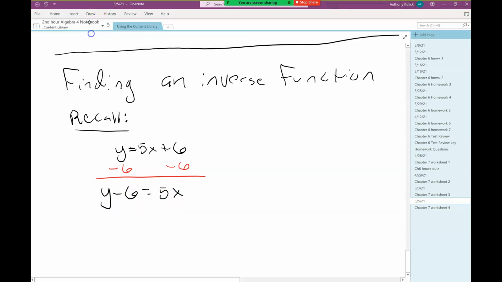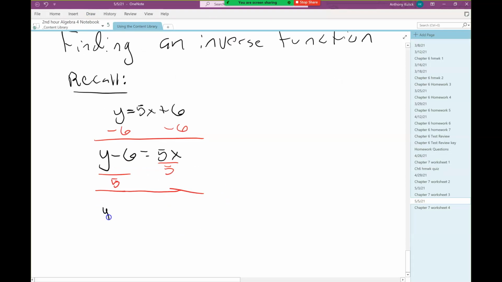Then what should I do next? Divide by 5. Good. Divide both sides by 5. And again, I can't divide a number and a variable, so I'm just going to write the whole thing.